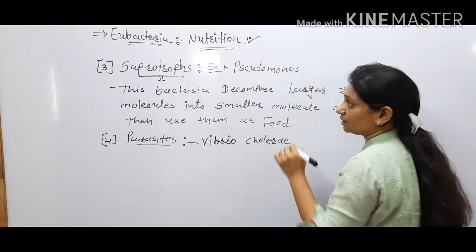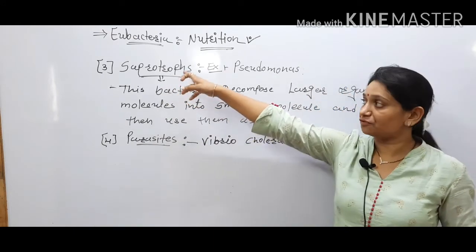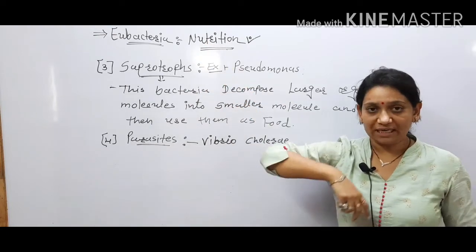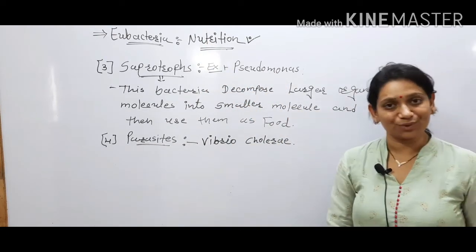This is known as saprotrophs or saprophytic nutrition. The example is Pseudomonas.